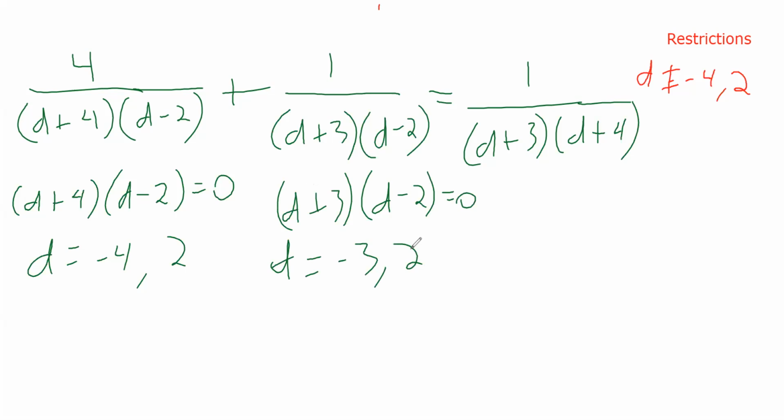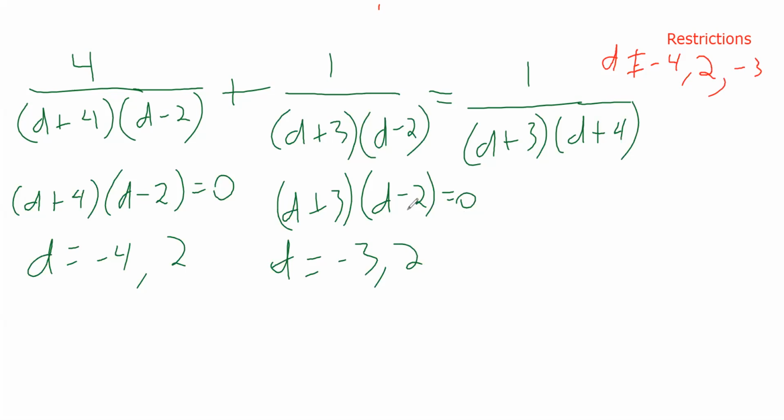But we've already taken care of that +2. It just so happens it's a similar factor to the one before. So we don't need to write it again. We already have taken care of it. So the only new piece of information that adds is that d cannot be -3. So d can't be -4, +2, and it sure can't be -3.